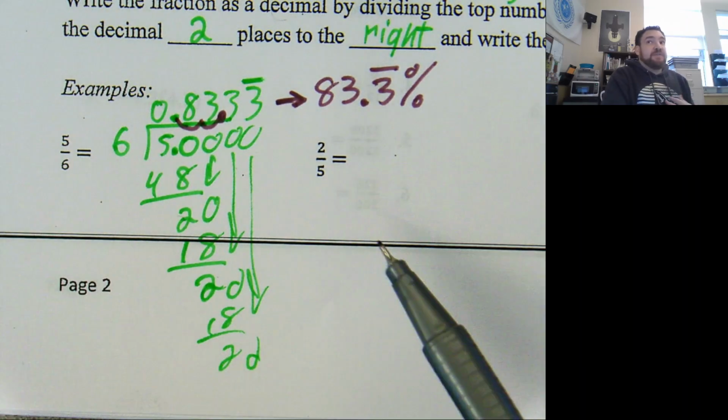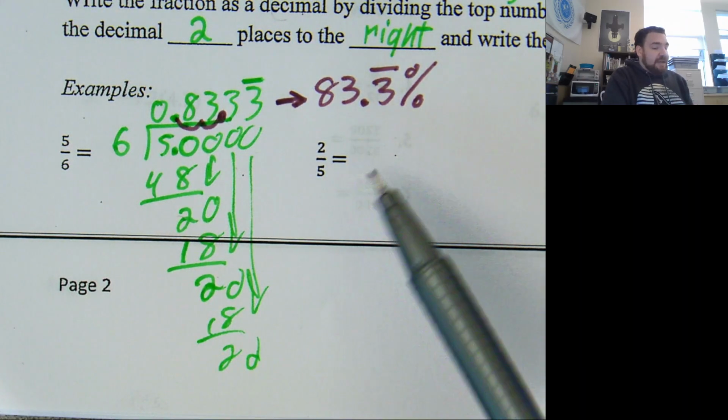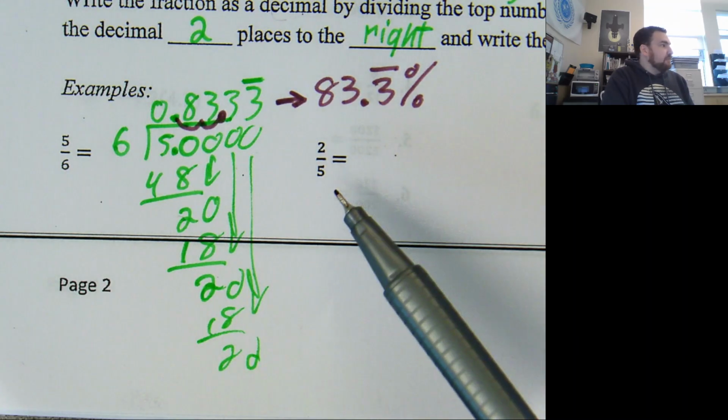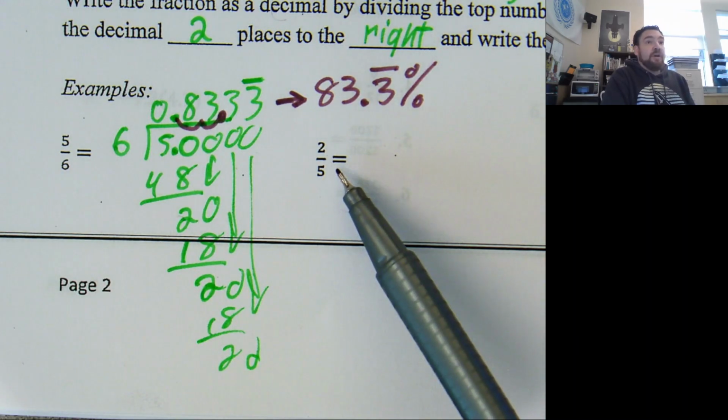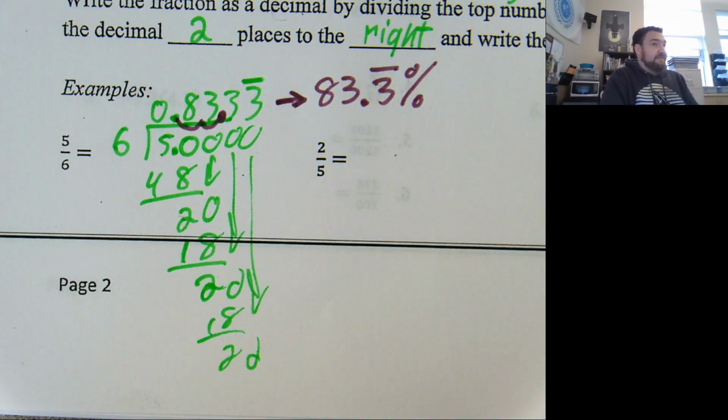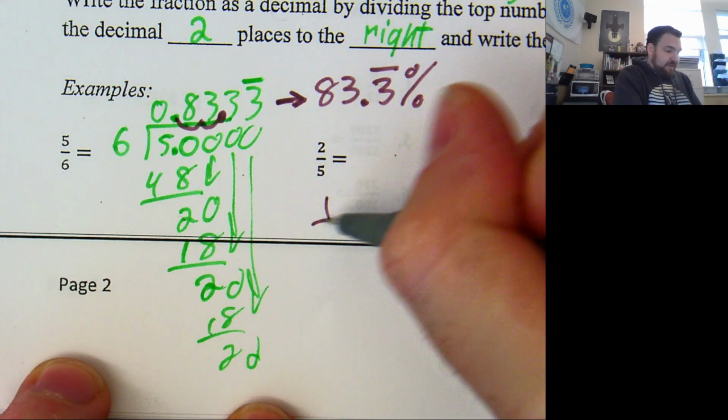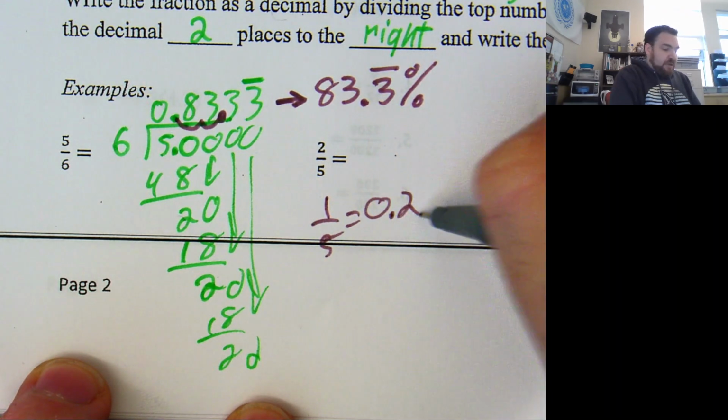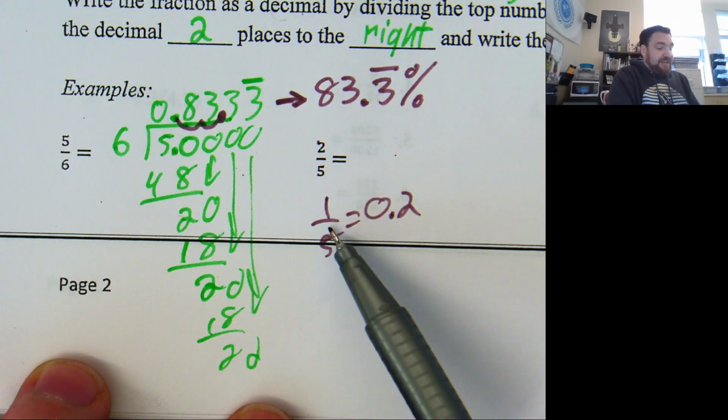If I give you a nice fraction, like one of the ones I want you to know, it becomes a little bit easier. What's 2 over 5? Your fifths are ones that I recommended you know. 1 over 5 equals 0.2, so 2/5 is just 2 of these.